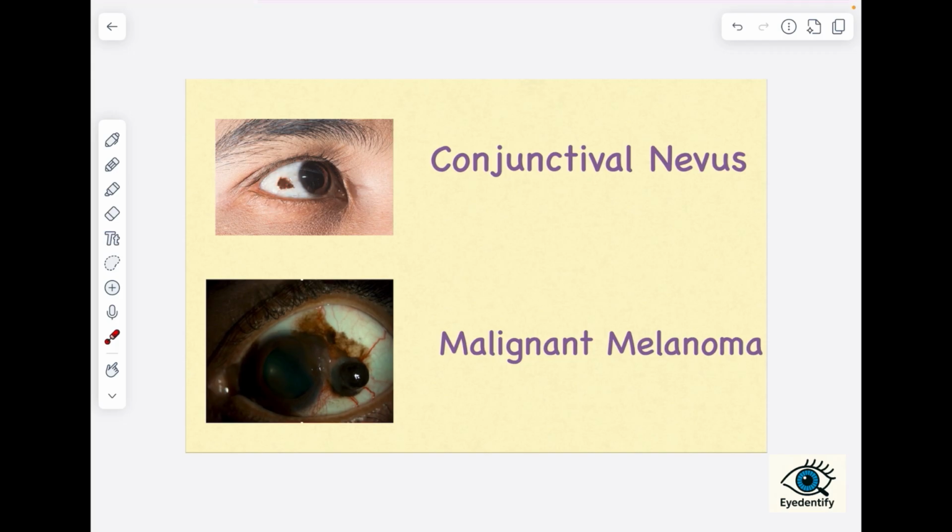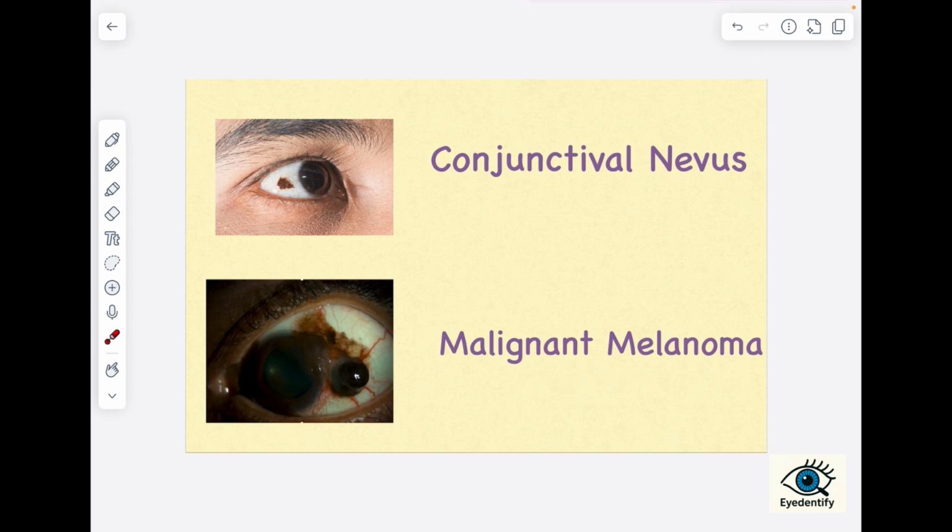But we just have to observe these patients to see if the lesion is increasing in size or becoming a raised lesion. That's all. So this is a benign condition. Next is malignant melanoma. As the name suggests, this is a malignant condition. We can see a darkly pigmented raised lesion with surrounding patches of pigmentation, and feeder vessels can also be seen. So this is malignant melanoma.